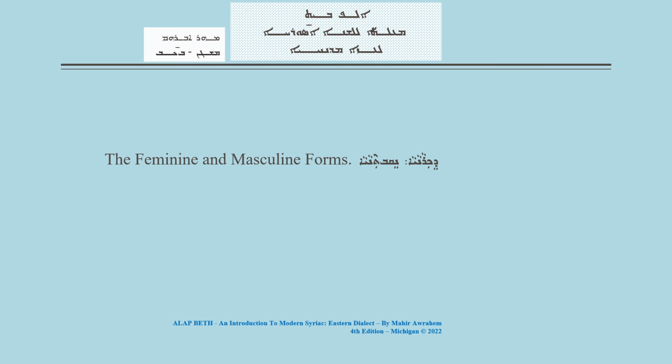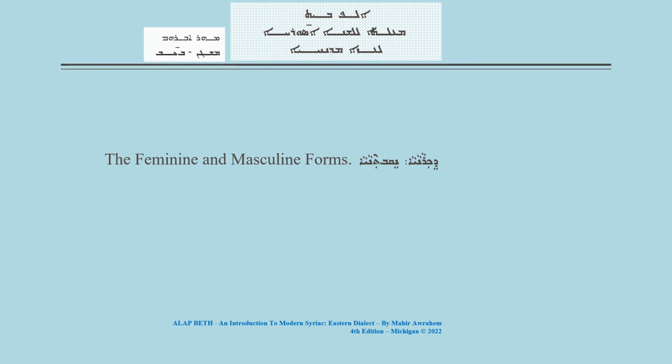Another note here, the paired members of the human and animal body, most of them are feminine in gender and do not end with an alap, except one. So everything in the human or animal body that comes in a pair, like hands, legs, eyes, ears, shoulders, those are feminine in gender, even though they do not end with the alap.